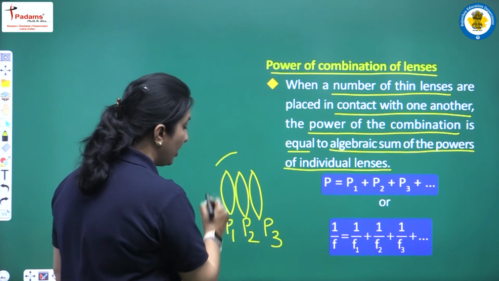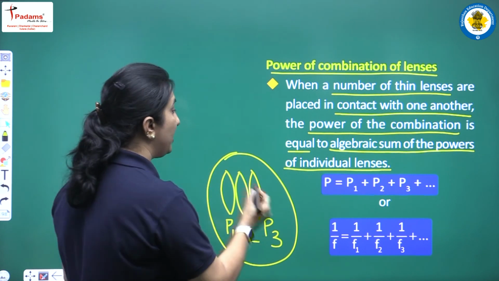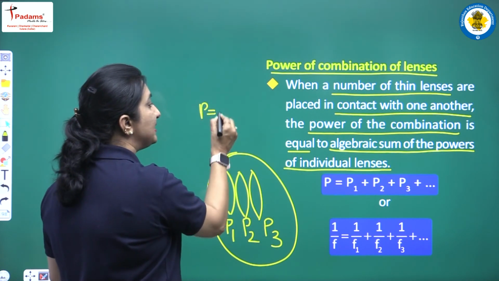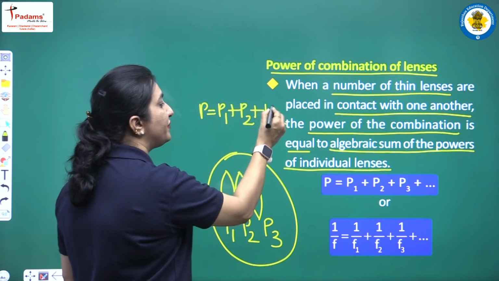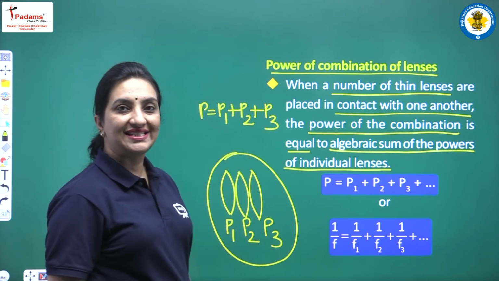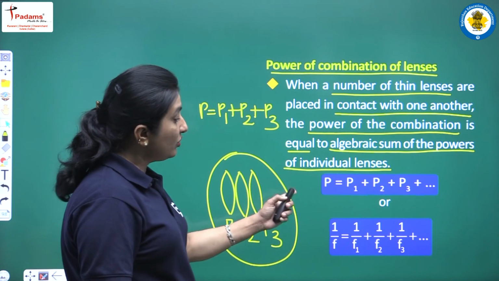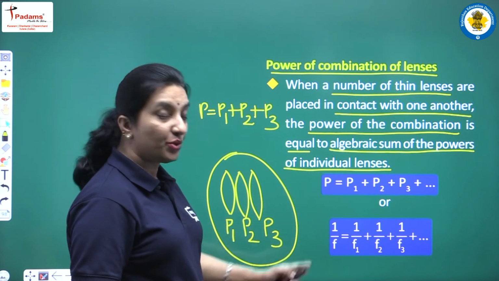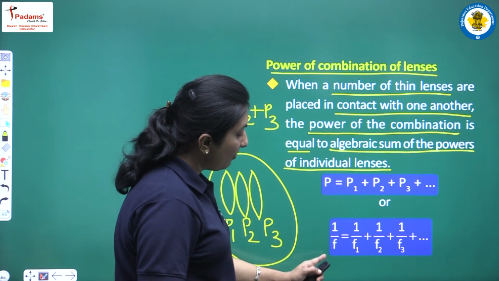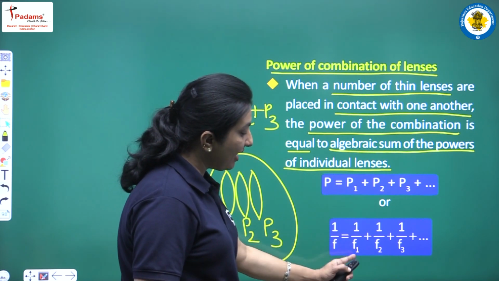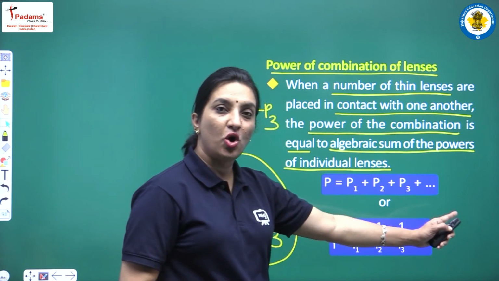Then the power of all these three lenses when taken together will be given by simply the algebraic sum of the powers of the individual lenses. That is, we have to add them simply. Now since power is the reciprocal of the focal length, the definition can go like this also, that 1 upon F is equal to 1 upon F1 plus 1 upon F2 plus 1 upon F3 plus so on, as the case may be.